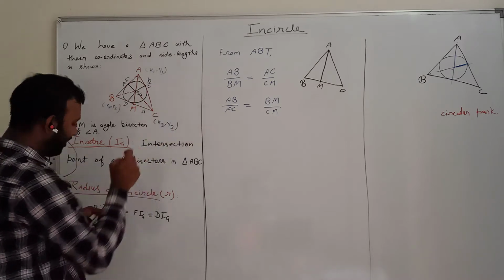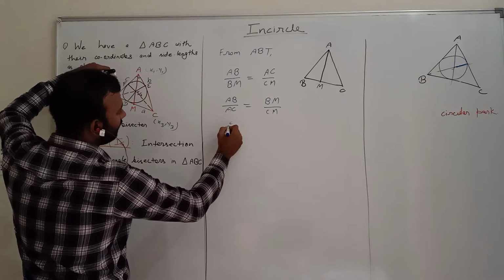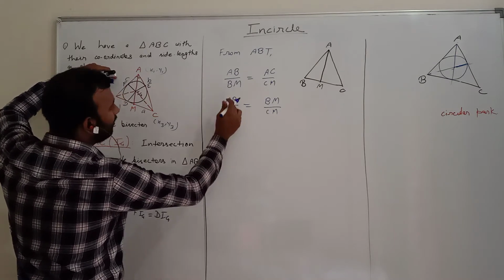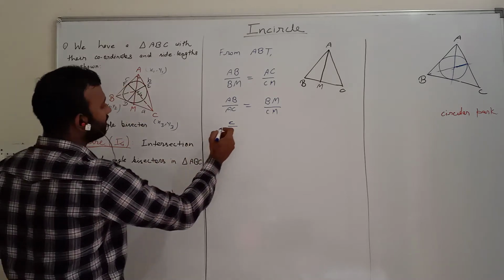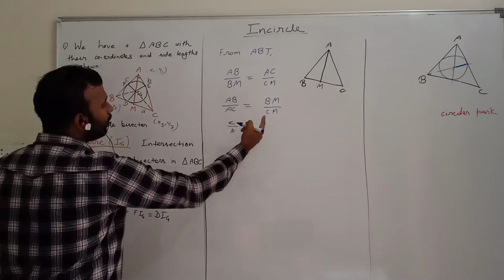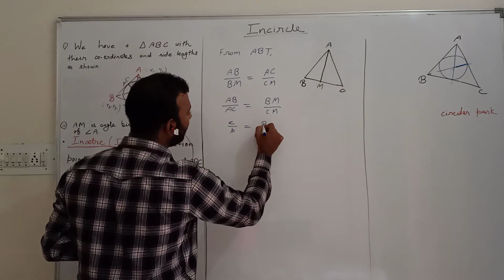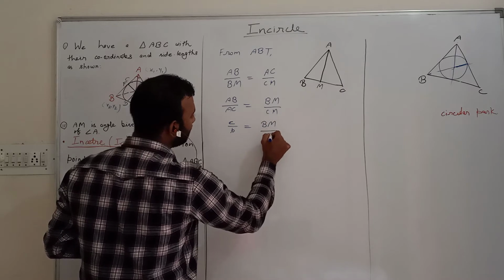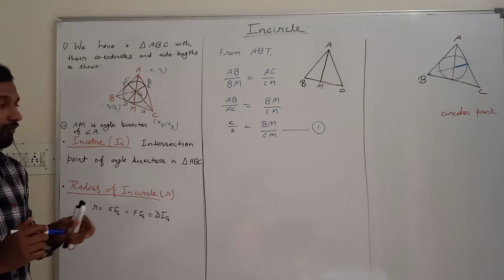The length of AB is small c, and the length of AC is small b, so c upon b equals BM upon CM. We don't know BM and CM. So this is our equation number 1.